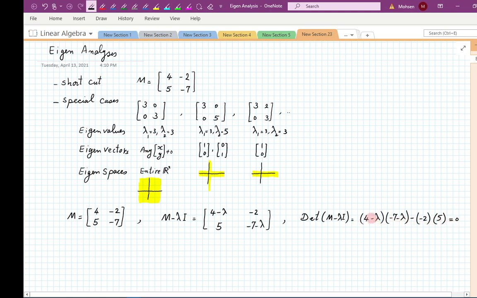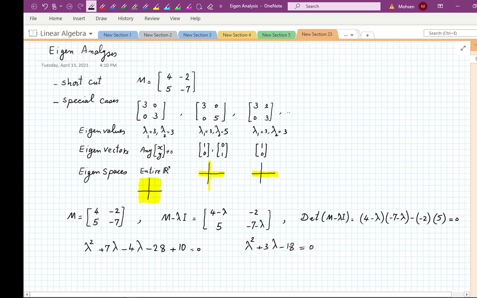Lambda times lambda is lambda squared, minus 7 times minus lambda is plus 7 lambda, then minus 4 lambda, and 4 times minus 7 is minus 28. That is equal to 0, and this boils down to lambda squared plus 3 lambda minus 18 equal to 0.